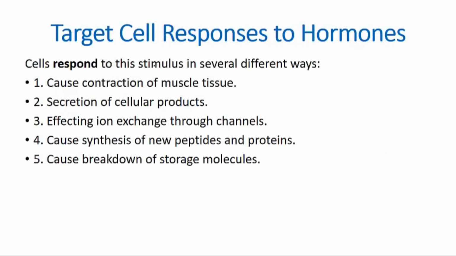So let's first talk about the general view of the target cell response to the hormones. Now there are different types of target cells present for different types of hormones. Not all the hormones interact with the same type of cell, so they are specific and specified for their job.